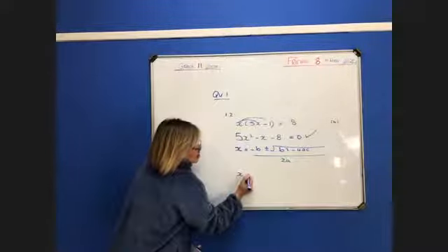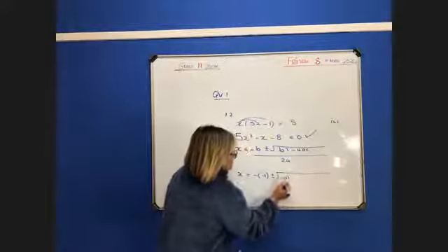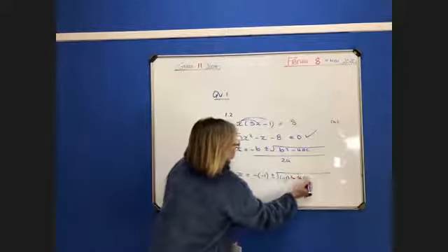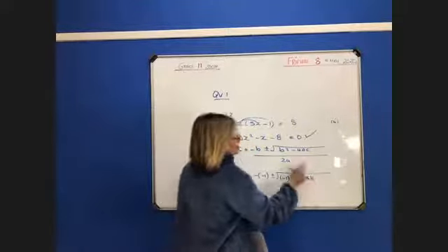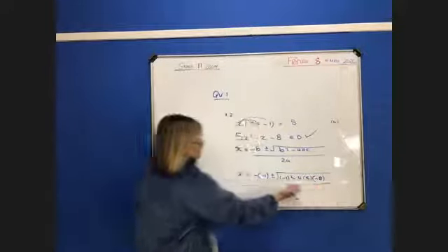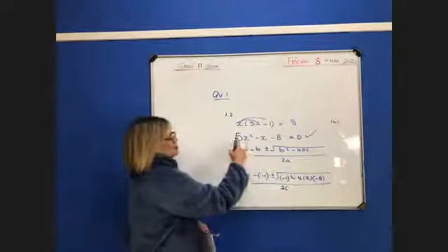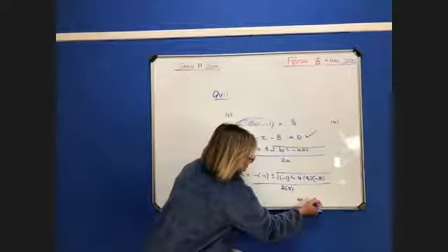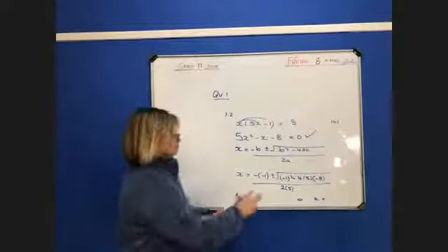So we're going to have x equals minus negative 1 plus or minus the square root of negative 1 squared, b squared, it's the coefficient of x, minus 4 times a, which is plus 5, the coefficient of x squared, times c with the sign, the constant term, and the whole of the right-hand side, starting from the equals, is over 2 times a, which is the 5. Now, guys, you don't even have to simplify what's in the radical. You can go straight into your answer if you would like to.